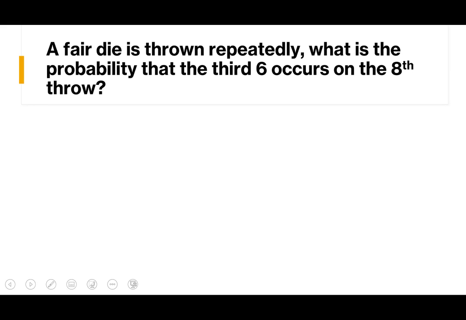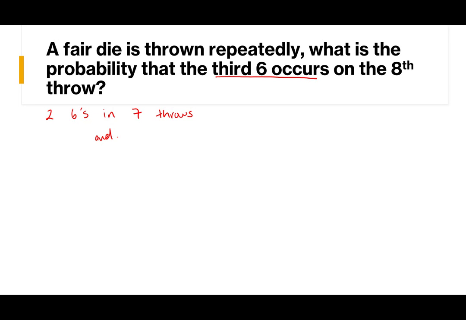Okay, so I have here a fair die is thrown repeatedly. What is the probability that the 3rd 6 occurs on the 8th throw? Okay, well, if the 3rd 6 occurs on the 8th throw, then I must have 2 6s in 7 throws. Okay, and the next one must also be a 6.